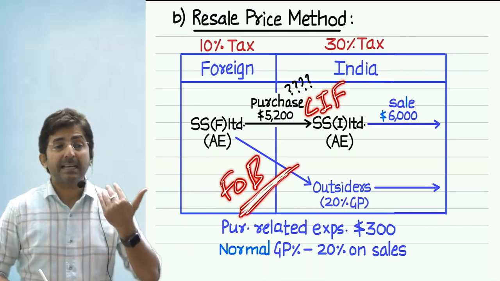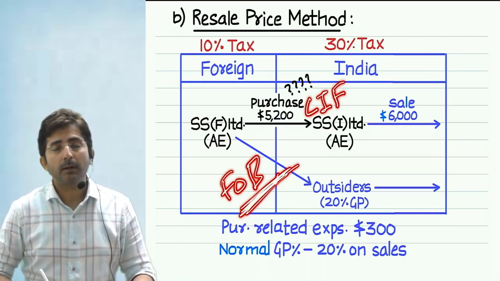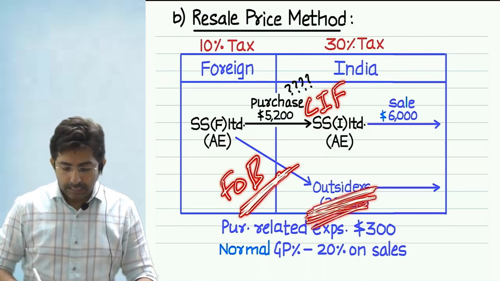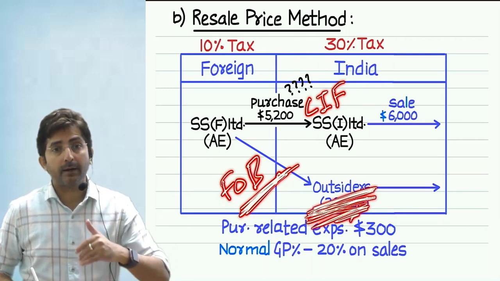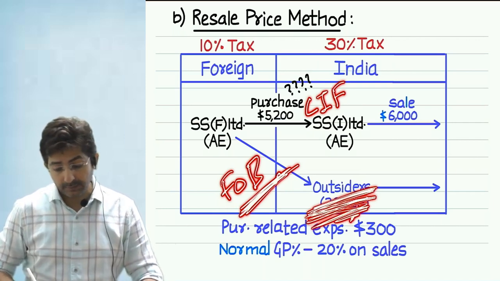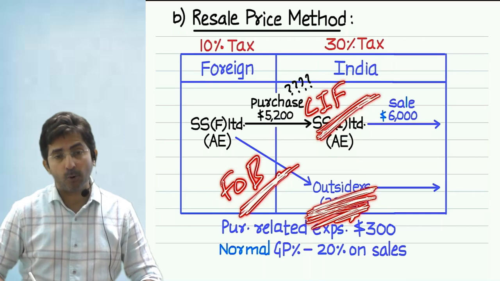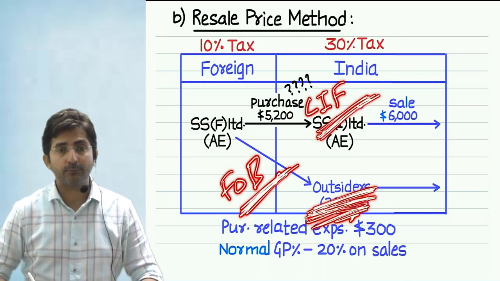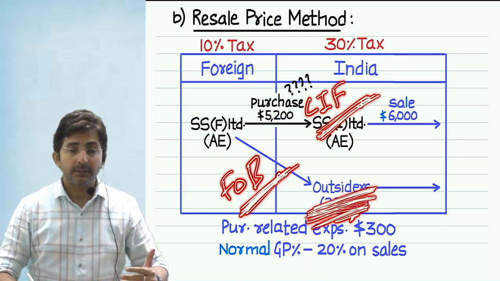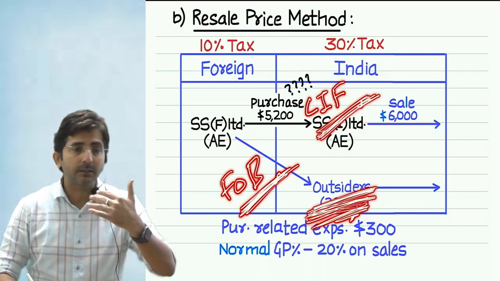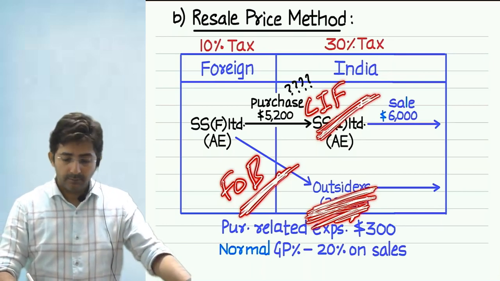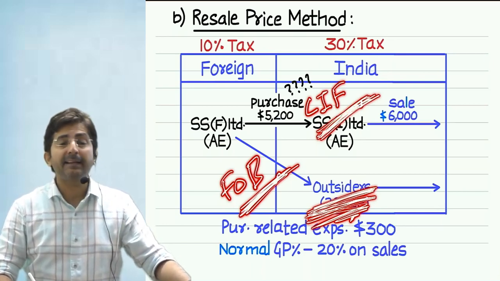Means the price at which outsiders import from Korea is FOB price, and the price at which Samsung India imports is at CIF. So again this creates a difference in the terms. See, whenever there is a difference in the terms and conditions, we have to reconcile that. So use my hand technique.